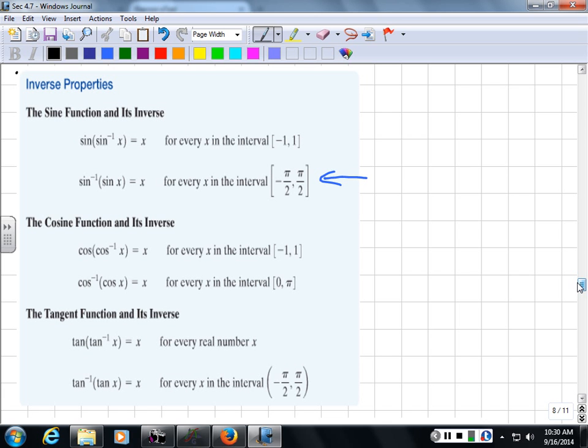I can take the tangent of the inverse tangent all day long. There is no restriction because it goes from negative infinity to infinity. But the inverse tangent of tangent is also restricted to negative pi over 2 to pi over 2, just like the sine. You got to know this in order to be able to do the problem.